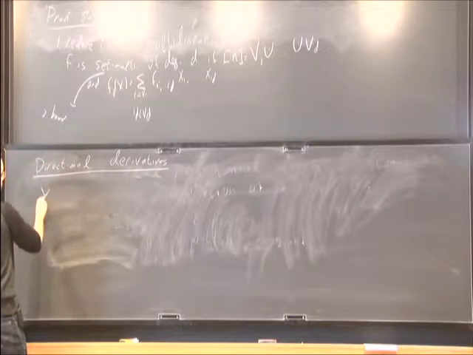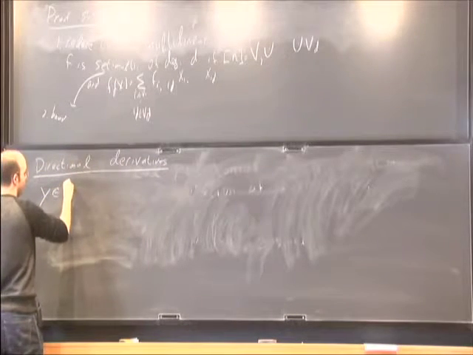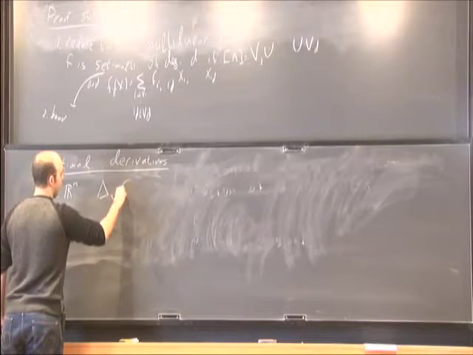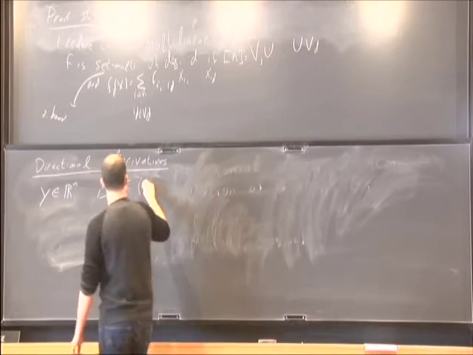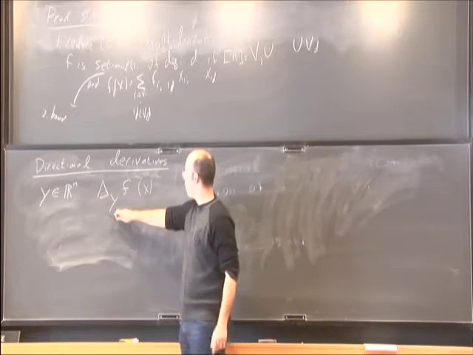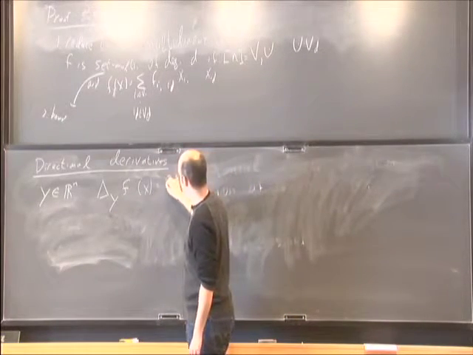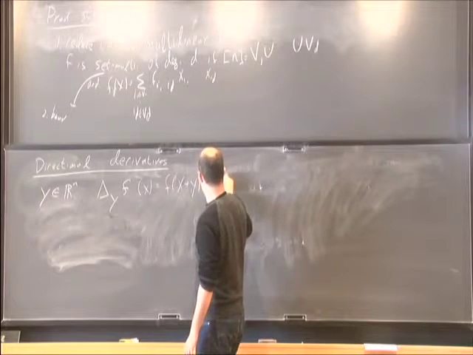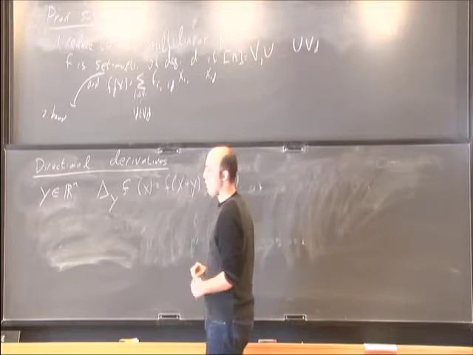We choose some direction y in R to the n, and we define the directional derivative of f in direction y, evaluated on x. This is just f of x plus y minus f of x. Okay?